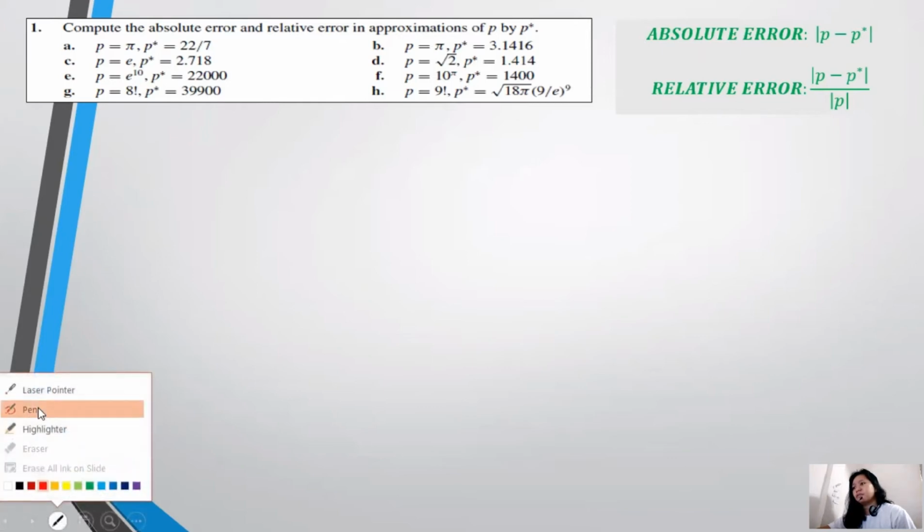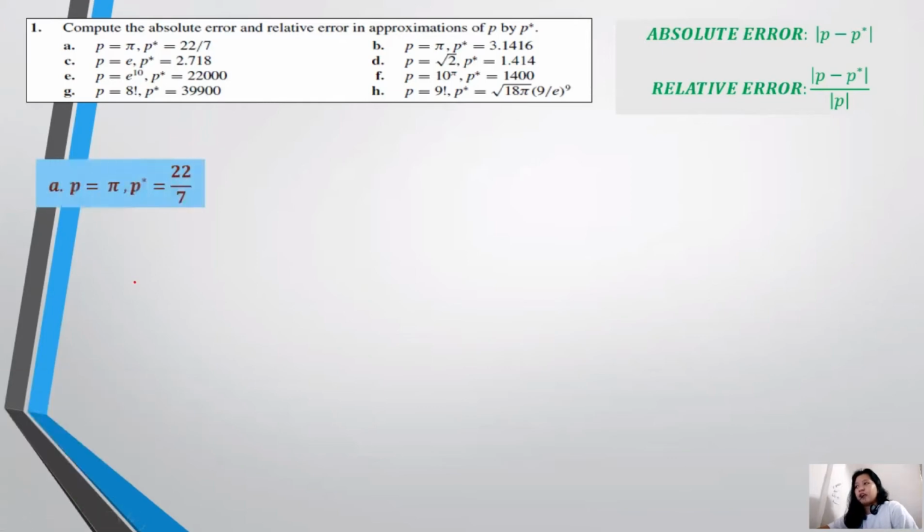So these two will be used in solving the absolute error and the relative error. So let's start. For letter A, we have p, or the exact value, for pi, and the p*, or the approximate value, is 22 over 7.